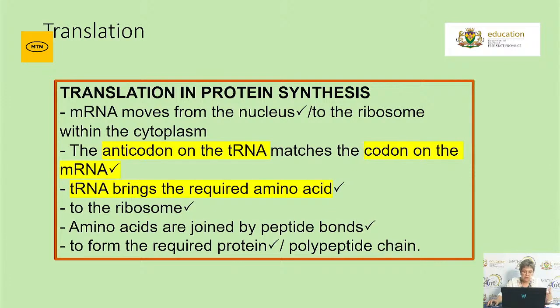Maybe it is GCC, which matches the codon on the mRNA, and that will be CTT. So look at what they ask and bring the required amino acid. Maybe they refer to a specific amino acid, then you must name it. So you must take your knowledge of translation and apply it to a specific example.